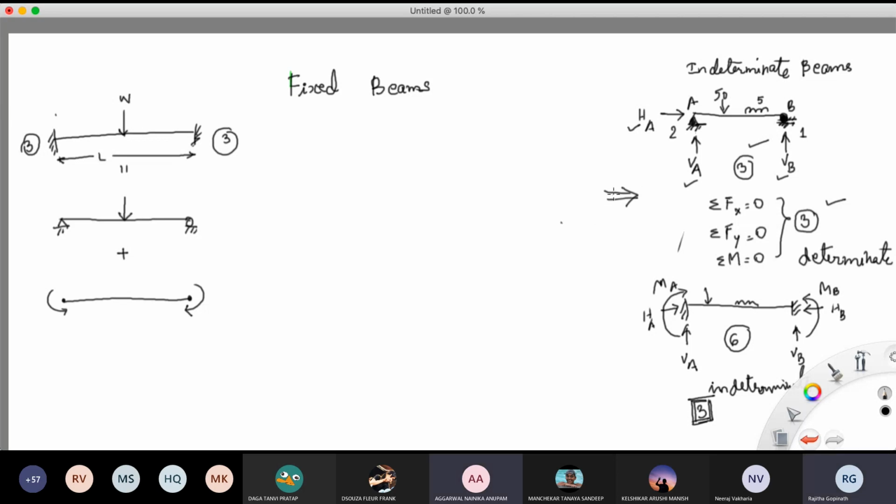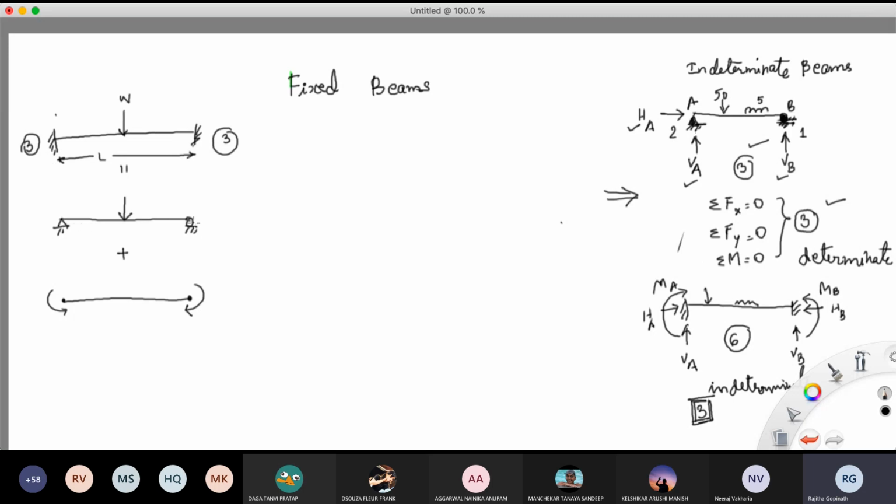We know that we only have 3 equilibrium equations and all these conditions are very excess. So we made the fixed beam into a simple beam.